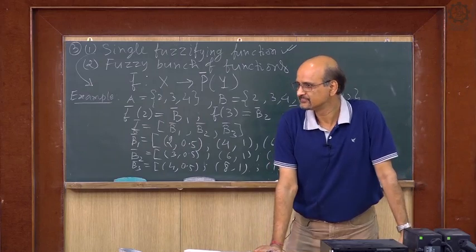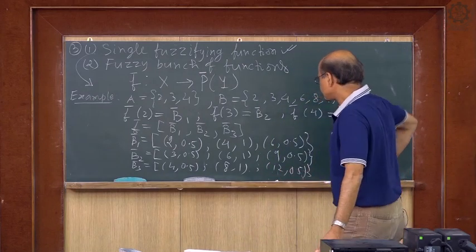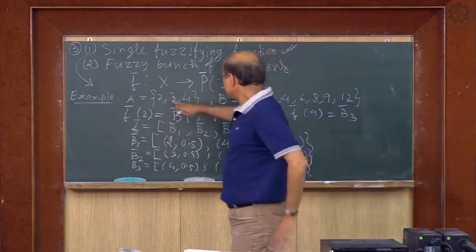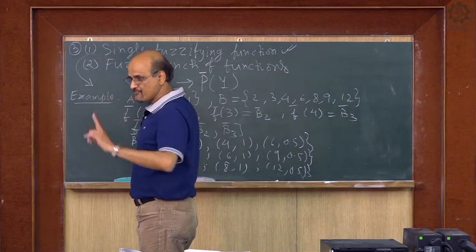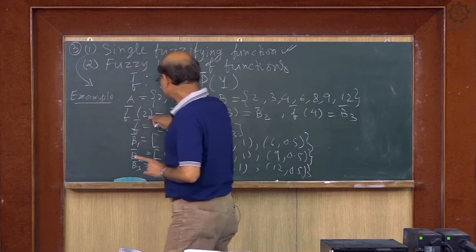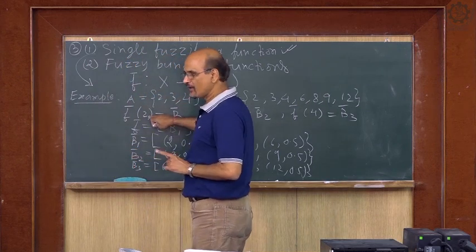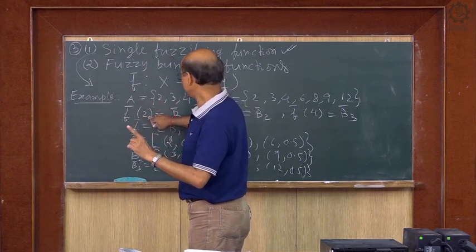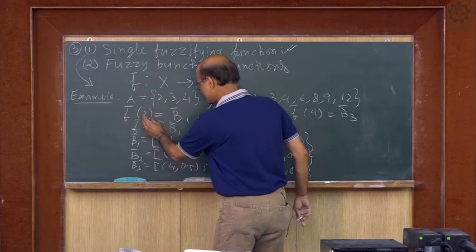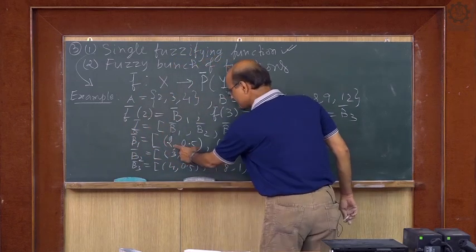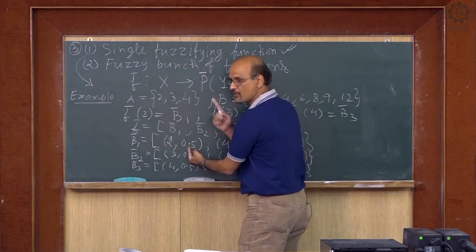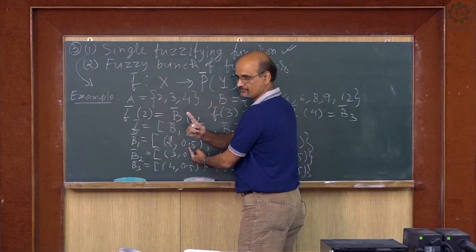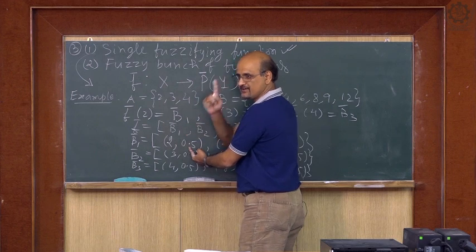Fine. Now, you see, this f bar is a mapping. Where does this 2 belong to? A, and it gives you 2 in B1 bar with degree, or possibility, 0.5.